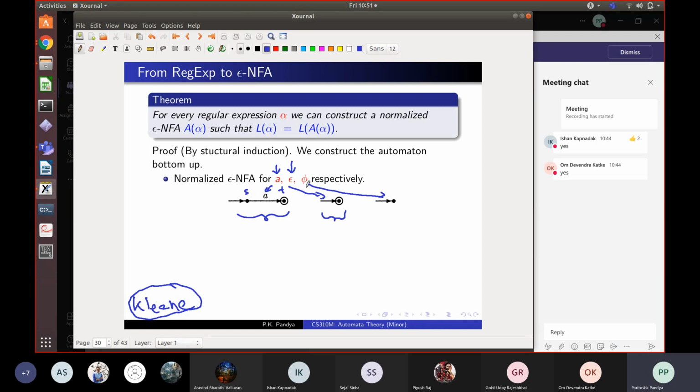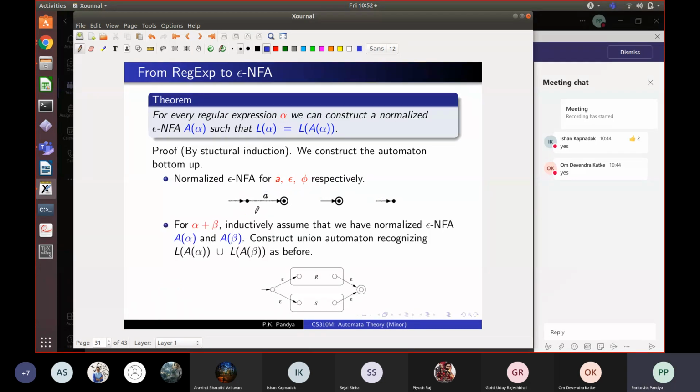For the simple kinds of regular expressions, we are able to convert them into normalized epsilon automata, right? We don't have to use epsilon, we don't have to use non-determinism, but we can if we need. Here we don't use them. So I hope this is clear to you. Any confusion and you should ask me. Okay, if this is clear, very simple.